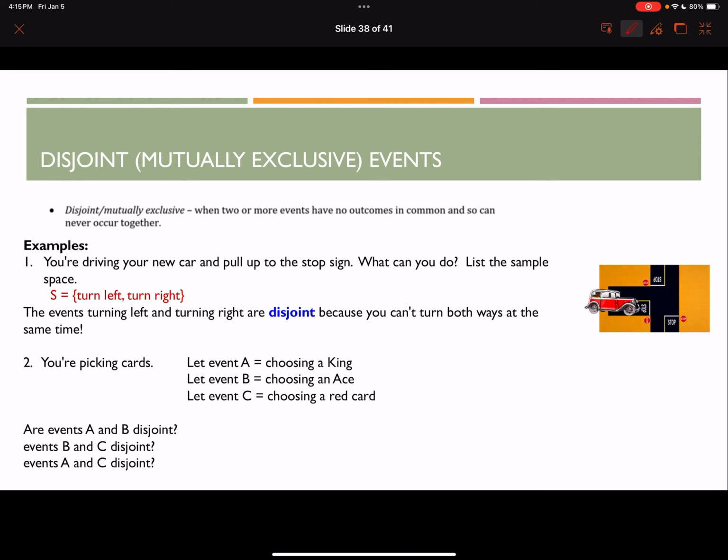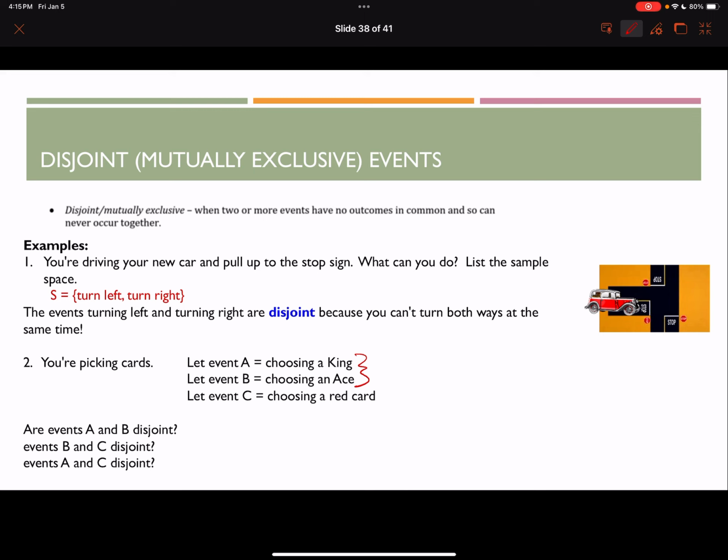So again, picking cards, going back to a similar example. If event A is choosing a king, event B is choosing an ace, and event C is choosing a red card, are A and B disjoint? Can I pick one card and have it be a king and an ace at the same time?